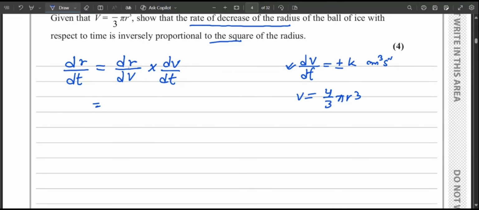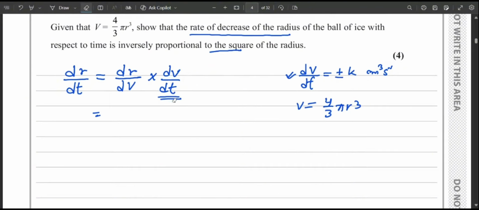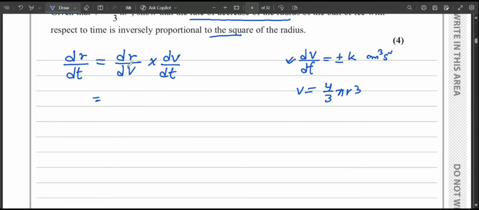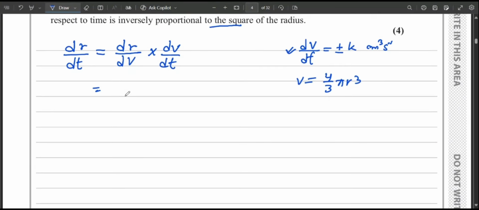Now the reason for writing this like this is because we can find out the dr by dv term here, and we also know the dv by dt term. So we can use that information to calculate a value or an expression for dr by dt.